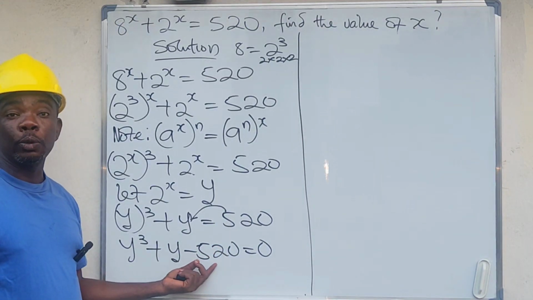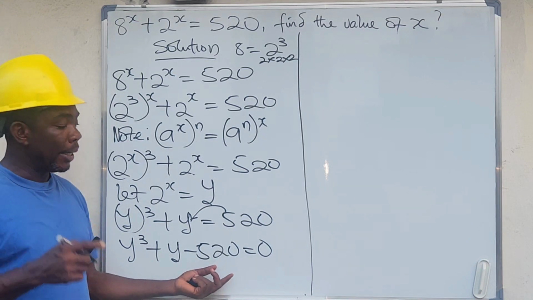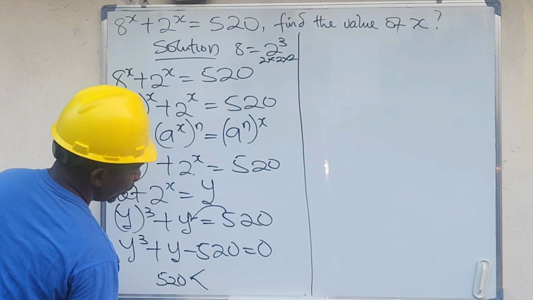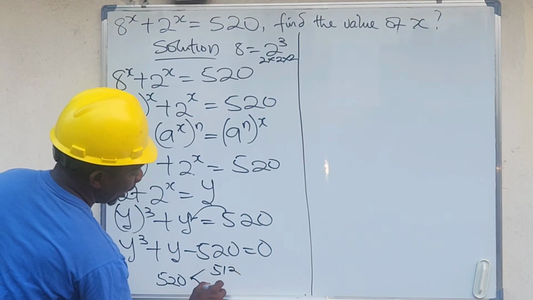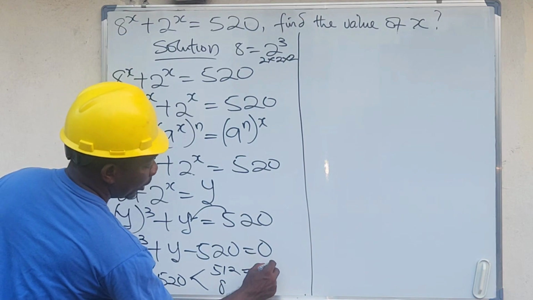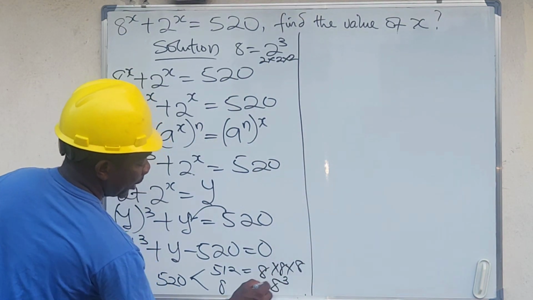From this 520, we will look for a factor that is a perfect cube. That means this 520 can be split into 512 and 8. This 512 is 8 times 8 times 8, which is 8 raised to the power of 3.